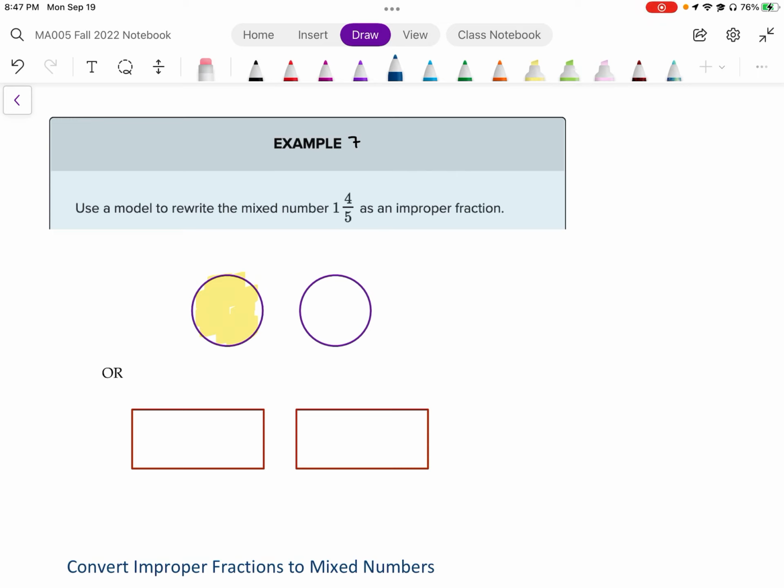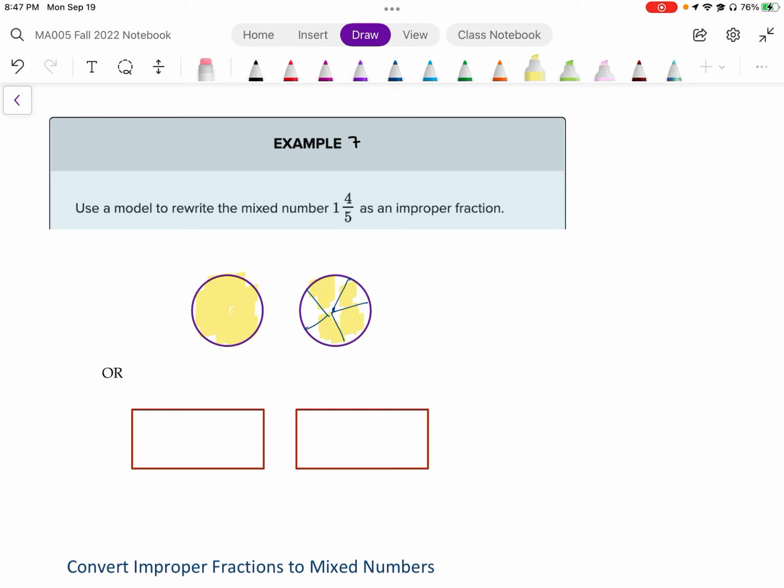Oh gosh, we got to divide this into 5? I don't know if I can do that. All right, so we've got 1, 2, 3, 4, 5. Not the least bit even, and I'm not going to worry about it. So I'm going to go 1, 2, 3, 4 out of 5. Okay, so just 4 of them are shaded.